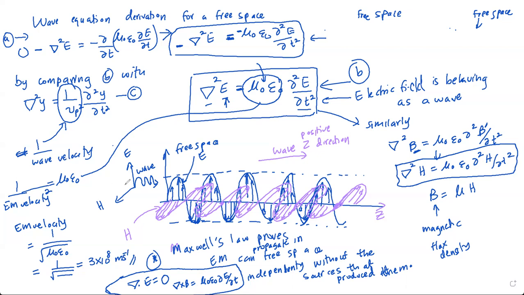Those things we can find using this wave equation. So this wave equation forms the basis to find the parameters of the wave that is propagating. We will learn those mathematical things.